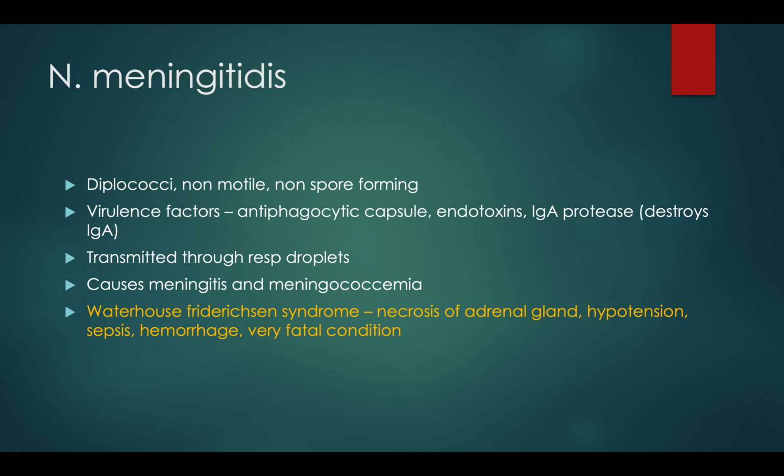Basically, what happens in this syndrome is there's necrosis of the adrenal gland. That's a difficult condition, where the adrenal gland is really important for your life, and there's necrosis of the gland. It causes hypotension. There's sepsis because with all the meningitis, the organisms are going to be in the blood. They're going to cause infection of the whole body, cause hemorrhage, and it's a very fatal condition. So you have to remember this one.